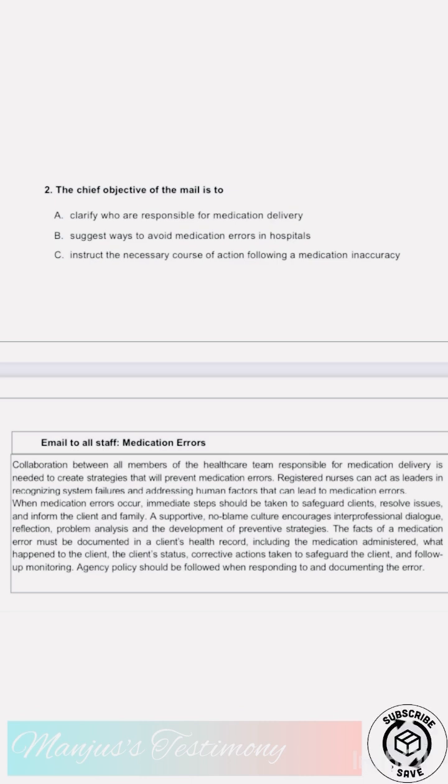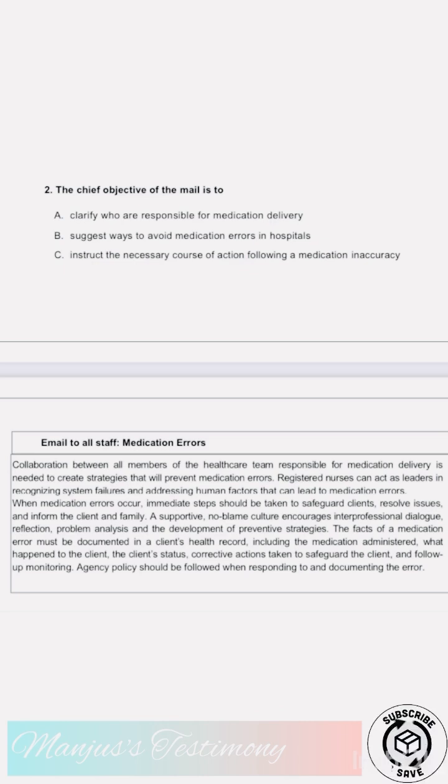Next we move on to option C: instruct the necessary course of action following a medication inaccuracy. When we eliminated the first two options, we can easily understand that option C is the right answer. But still we have to make sure. Let's read it. After the second sentence: when a medication error occurs, immediate steps should be taken to safeguard the client, resolve issues, and inform the client and family, supportive no blame culture.